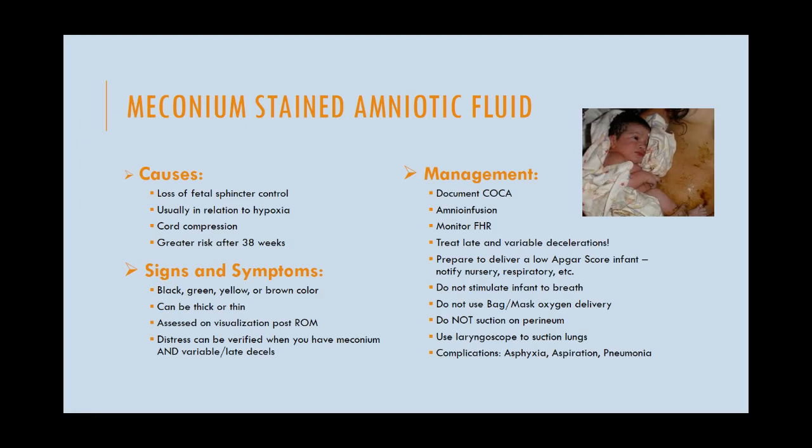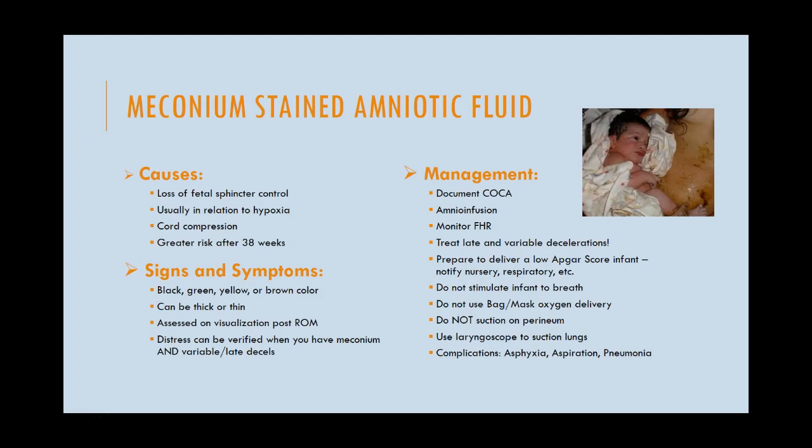We manage this through, obviously we always document. We want to document the color of that amniotic fluid. We can start an amnio infusion. This is where we run fluid into mom's uterus, and usually that's normal saline. We'll bolus that into her uterine cavity through an IUPC.